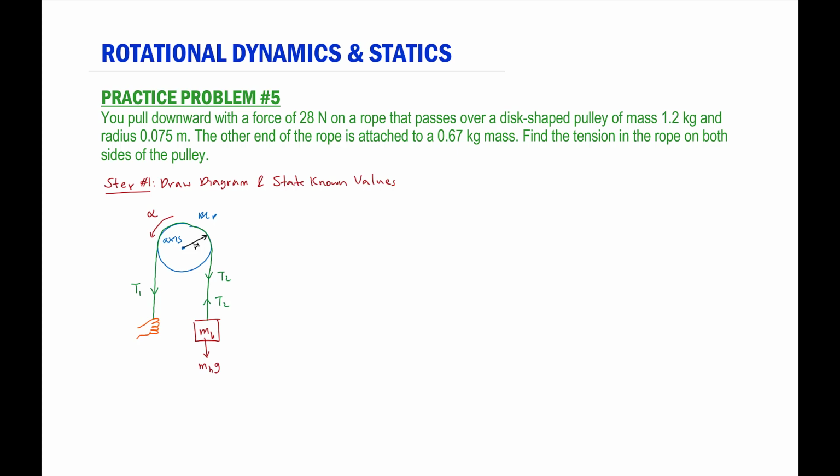So it seems like we've got everything labeled that we should. The only thing missing is a coordinate system. So why don't we say up is positive, and that the counterclockwise direction is positive. So now let's write down what values we're given. We are given the mass of the pulley being 1.2 kilograms.